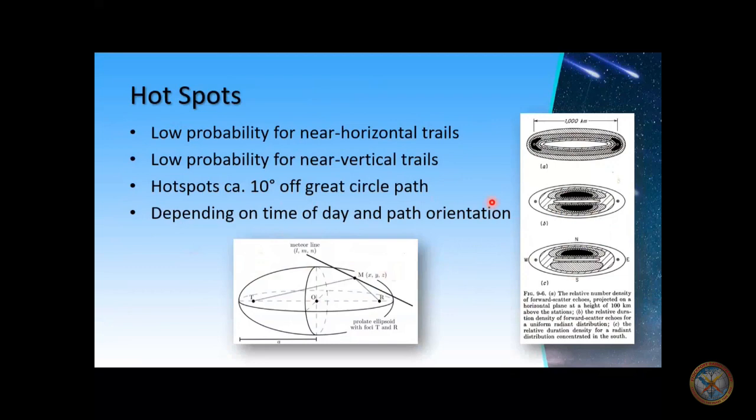So if you imagine you can see the meteor coming from the south, which would mean it passes over you and then goes down in the north, and that's where you have the reflection point.